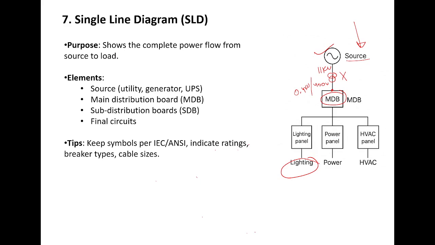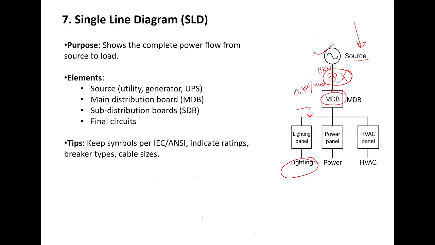You can see over here the feeder or line is shown by a single line, whereas the panels or other equipment are shown by symbols. This is your transformer symbol, and we use other symbols to show our other equipment.